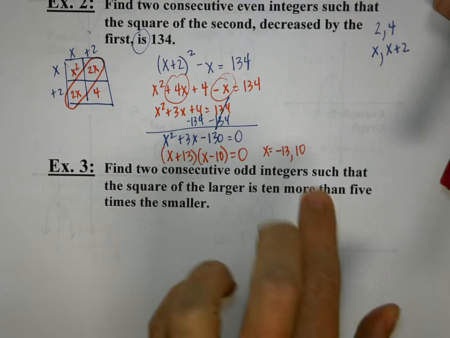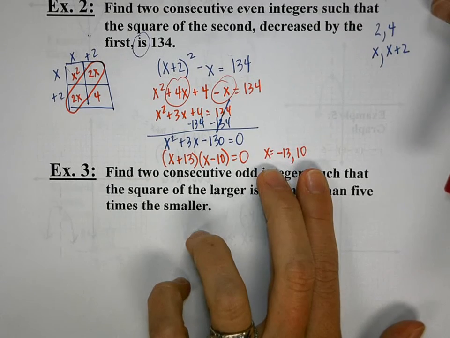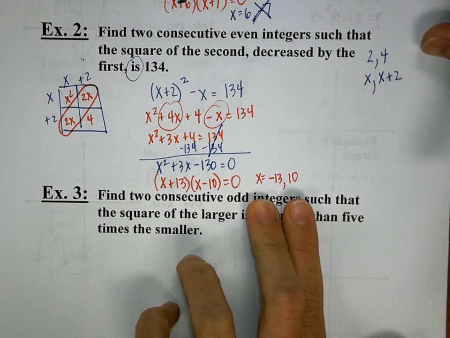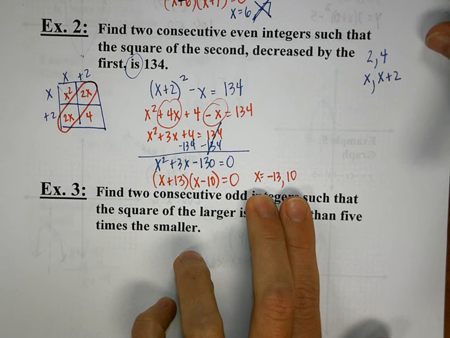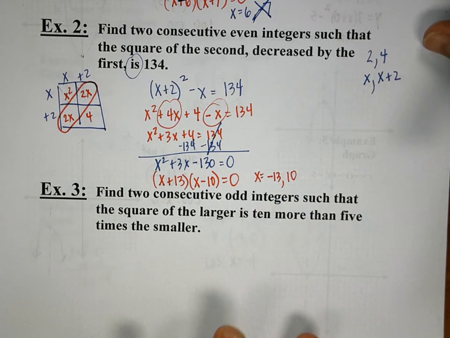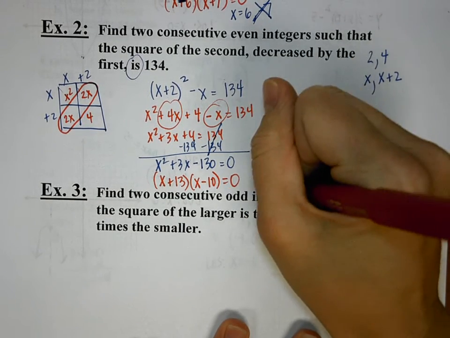So once you find these answers, usually one of them won't work. So we have to go back to our original problem, and it says even integers. Which one is not even? Negative 13. So this one is out.